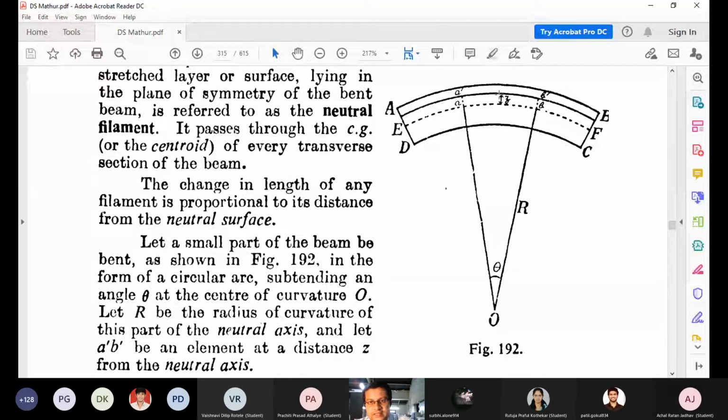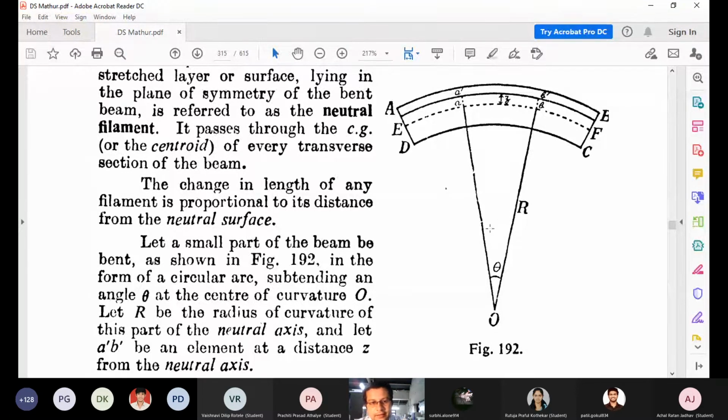That change is measured from the center of curvature, the center of the circular arc where this bends, and that radius is important here. So consider a small part of that beam, with A prime B prime and AB, a small portion of this particular curve or arc.